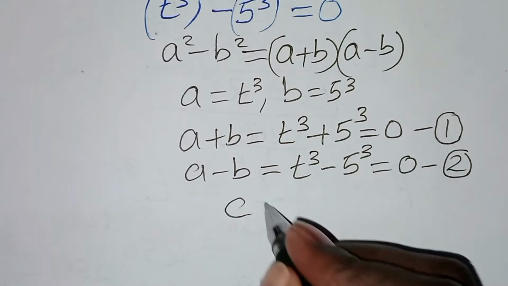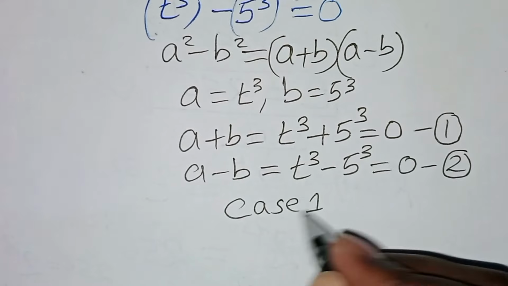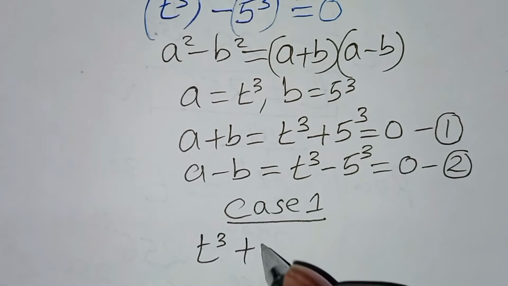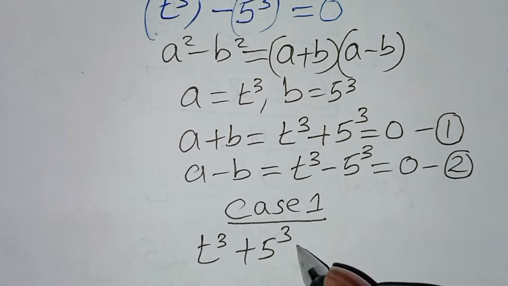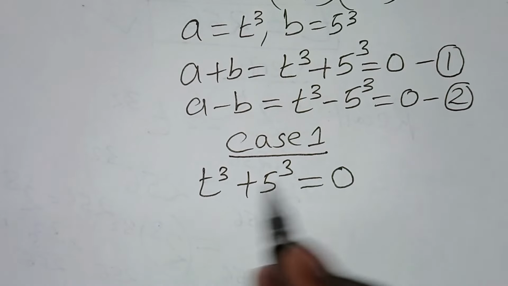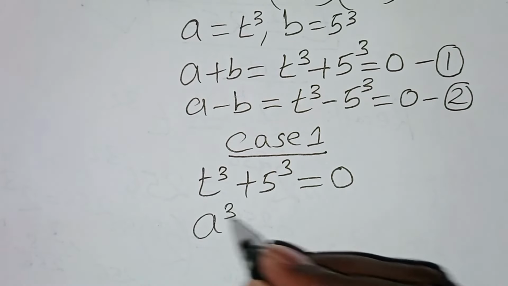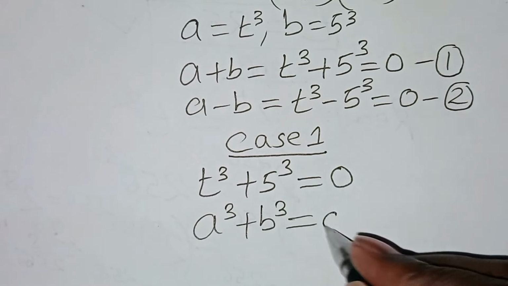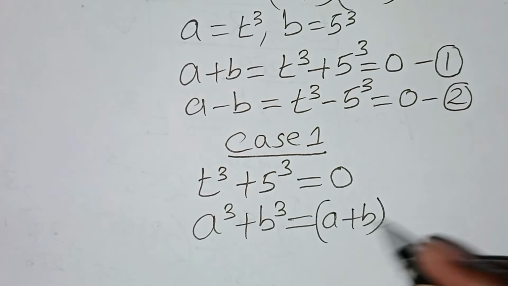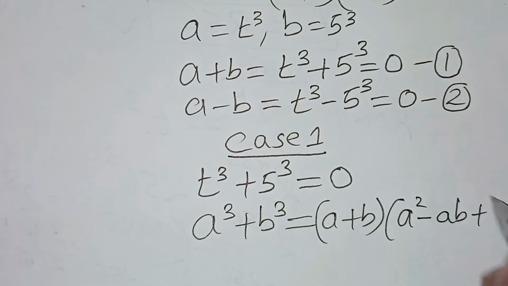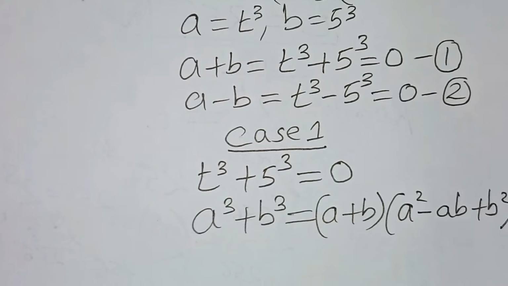Now let's solve case 1 here. That is equation 1, which is t cubed plus 5 to the power 3, equal to 0. Now this is the sum of two cubes, expressed as a cubed plus b cubed, which you can express as a plus b, a squared minus ab plus b squared.